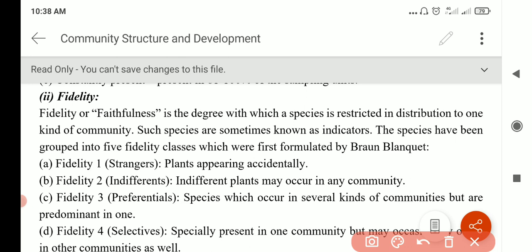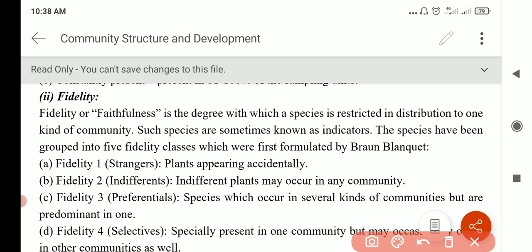Similarly, with other endemic plants such as Nepenthes khasiana, you will know that you are in Meghalaya because it's endemic only to our state, only to Garo Hills, Khasi Hills and Jaintia Hills. Such species, because they are faithful to their place, they like to stay only in that community which is suitable for them, so we can use them as indicators.